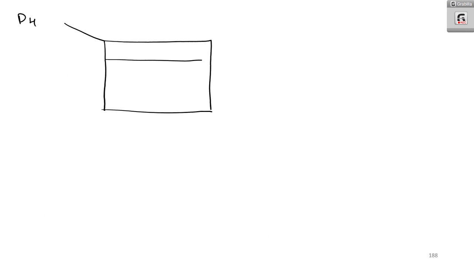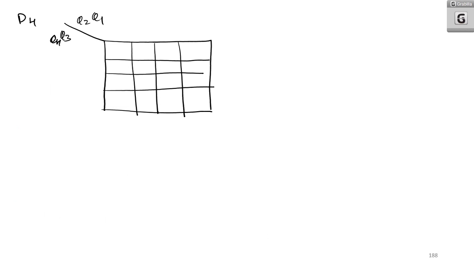So you will get the K-map of D4 like this, with Q4, Q3 along one axis and Q2, Q1 along the other, labelled 0, 0, 0, 1, 1, 1, 1, 0.